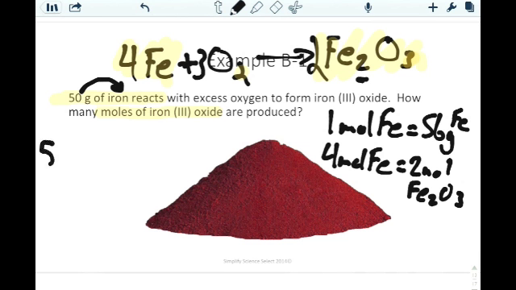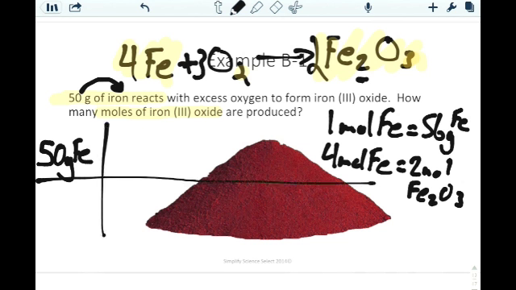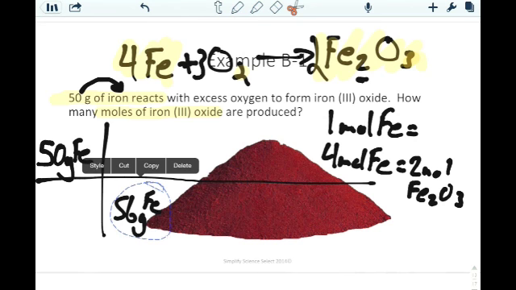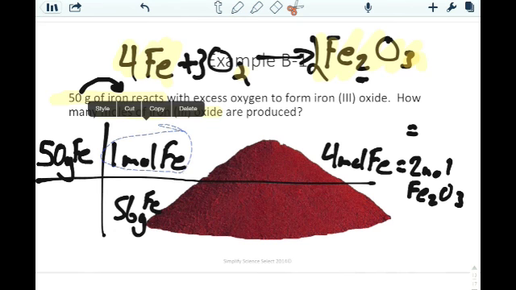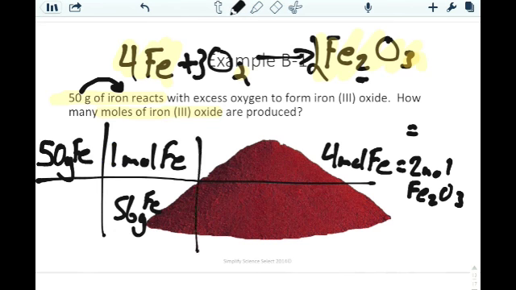So 50 grams of iron, set it up. Since this says grams of iron, I use my molar mass, 56 grams of iron. Put the other part on top, equals 1 mole of iron. Keep going, and we see that now these units cancel, grams cancel.